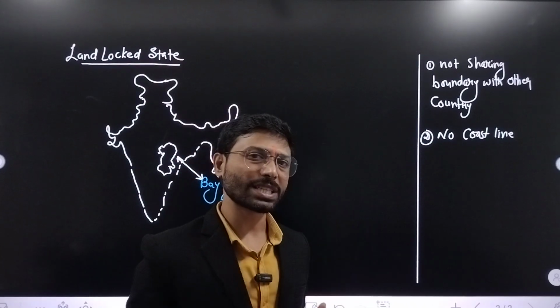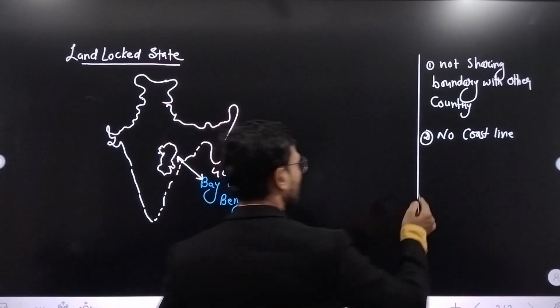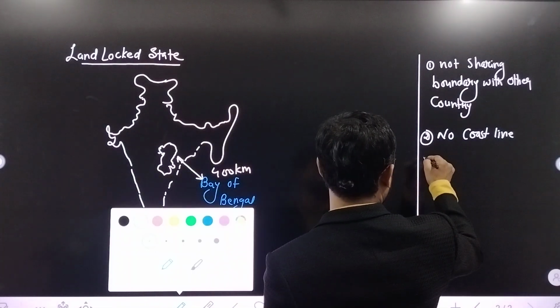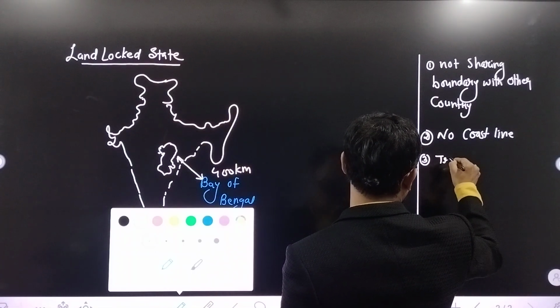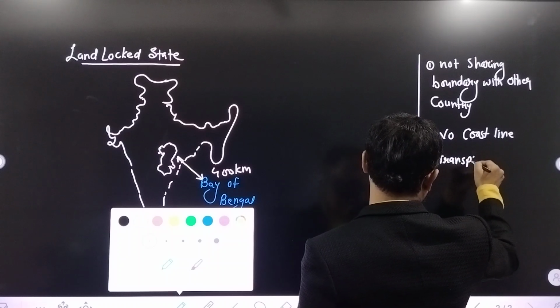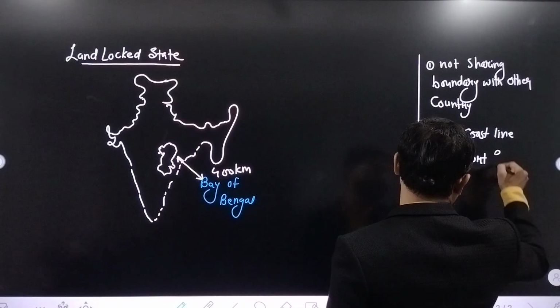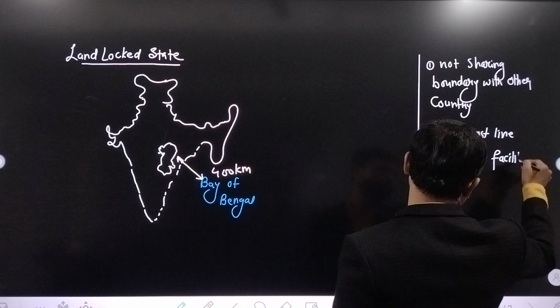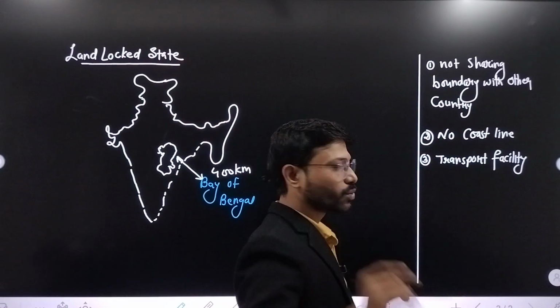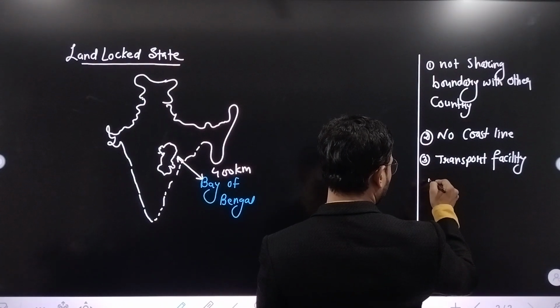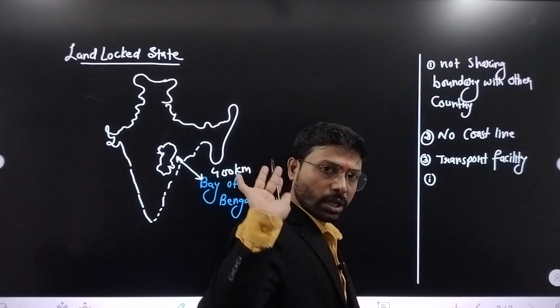So what kind of transport facilities do we have? You can write down the next point about transport facility. The transport facility that we have, the first one, is road transport.